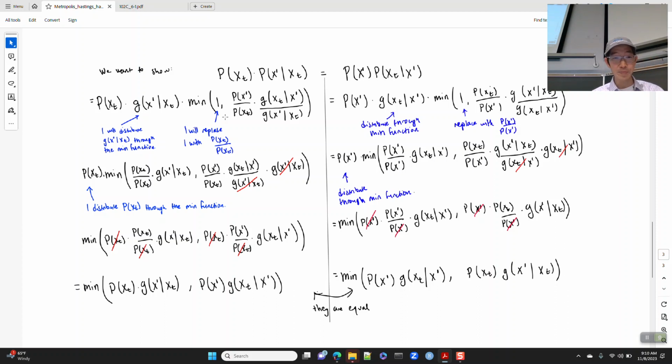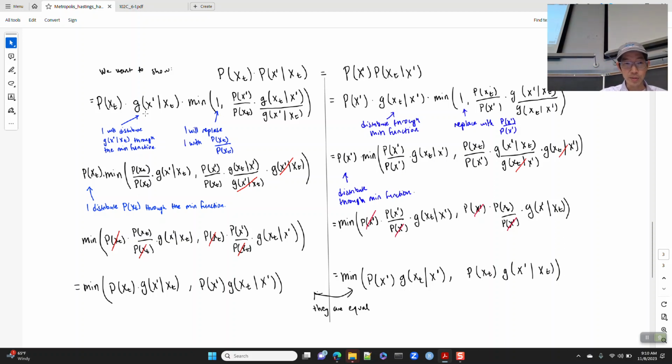And then this 1 I'm going to replace with probability of xt divided by probability of xt. So as long as probability of xt is not 0, I'm allowed to do this, okay? And we're going to just assume that we're not entering some zero probability location.